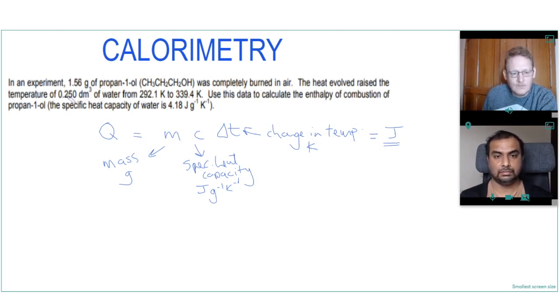And water is 1 gram per centimeter cubed, so we want this volume to be in centimeters cubed. And as 1 decimeter cubed is 1,000 centimeter cubed, then our water is 250 centimeters cubed, and therefore that will equal 250 grams.